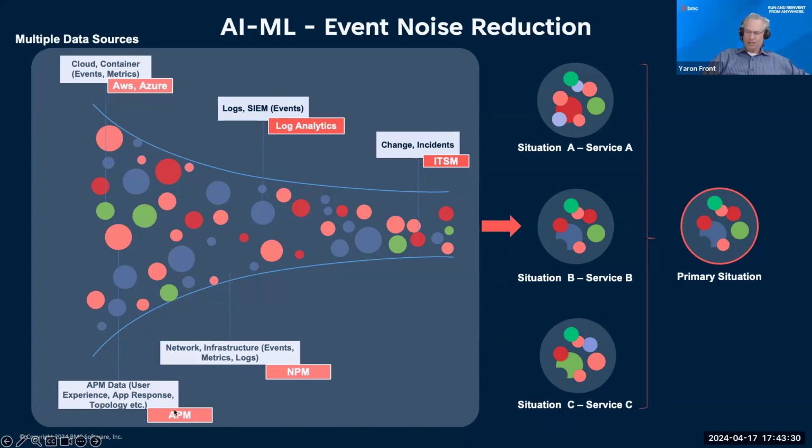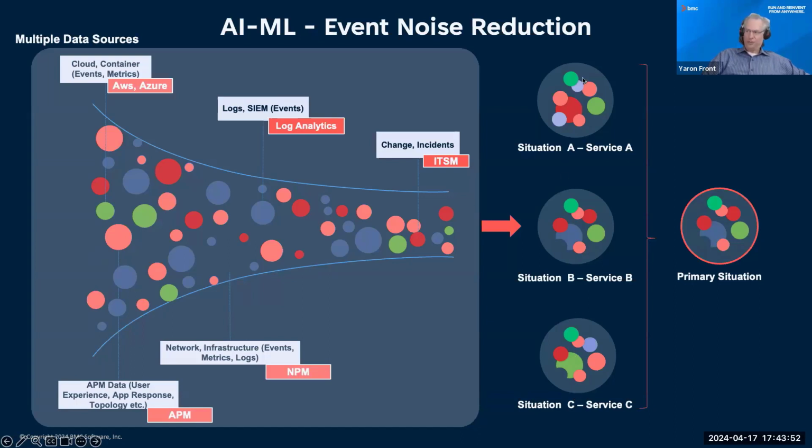We get application data from APM. We get network data. All that is reduced to situations. So if I have a service, all the events that are related to a service get into one situation. So I have situation A for the first service, same for the other services.